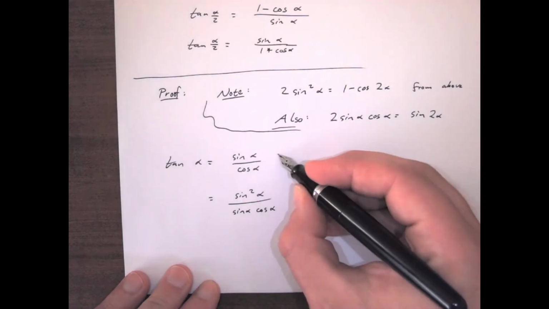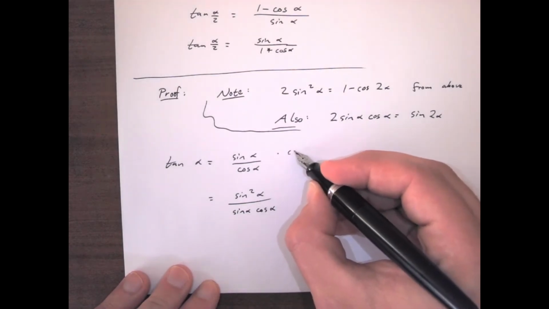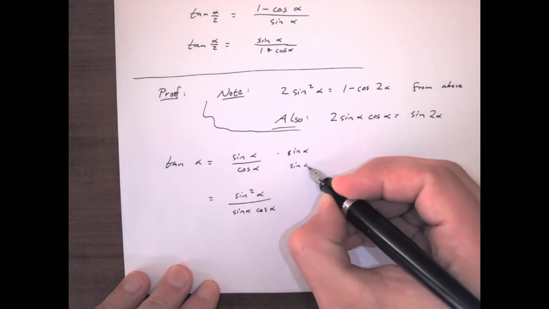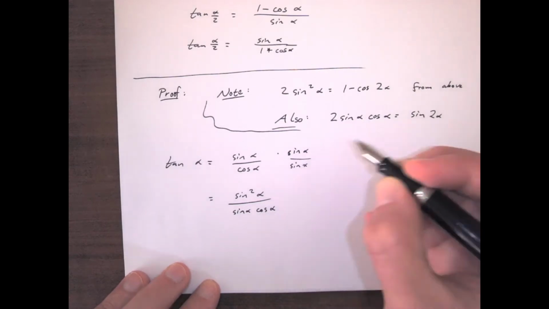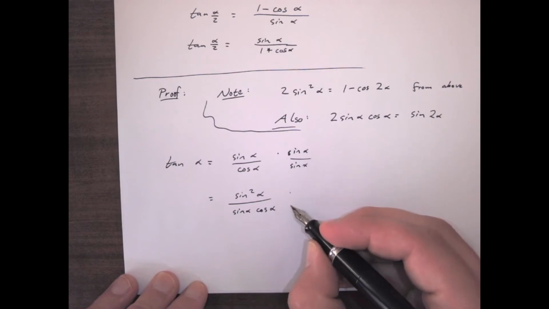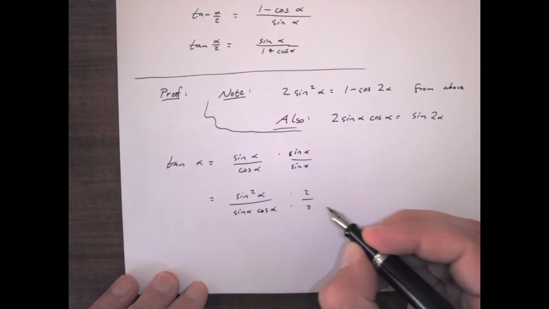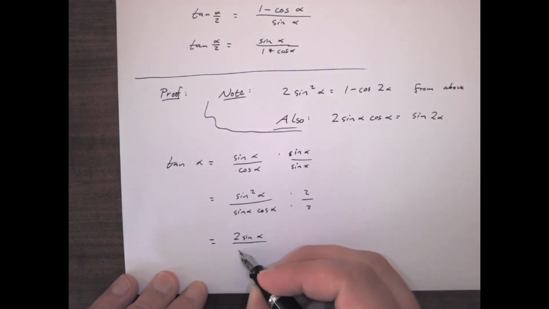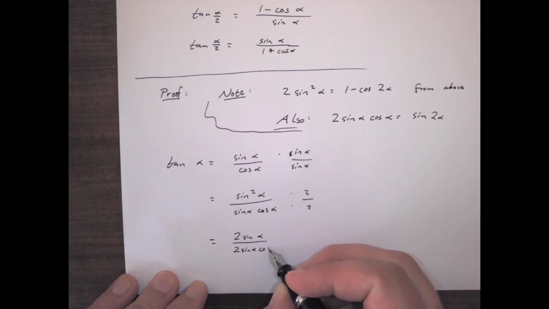And then if I were to multiply the top and bottom of that each by 2, I get 2 sine squared alpha over 2 sine alpha cosine alpha.